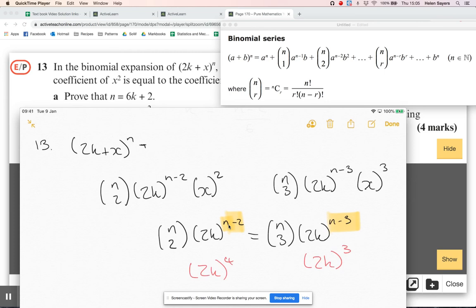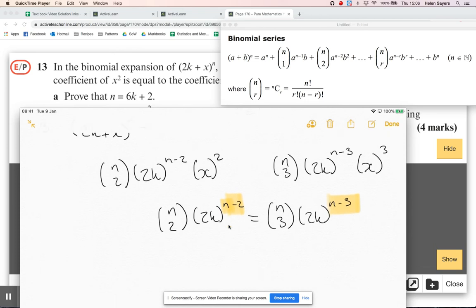What you could do there is cancel through by the 2k all cubed, and you'd just be left with 2k. So if I do the same thing here, I can cancel through. So effectively, I'm cancelling through by 2k to the power of n minus 3, and that will just leave me with 2k. Okay, that's probably the fiddliest bit of this question.